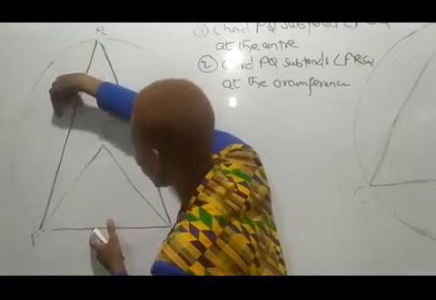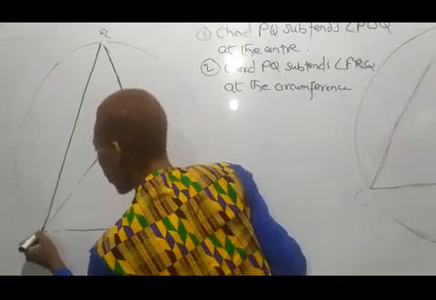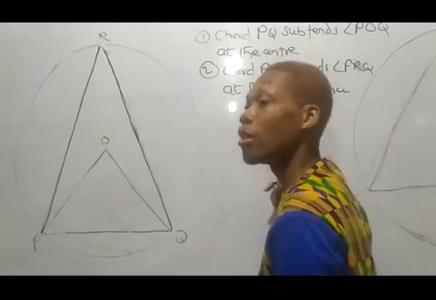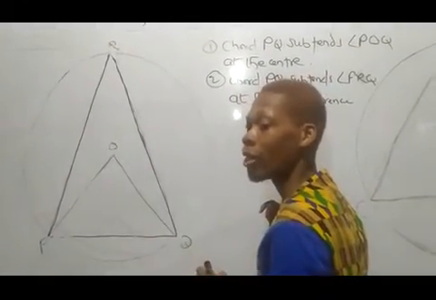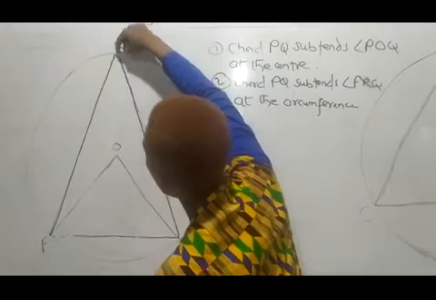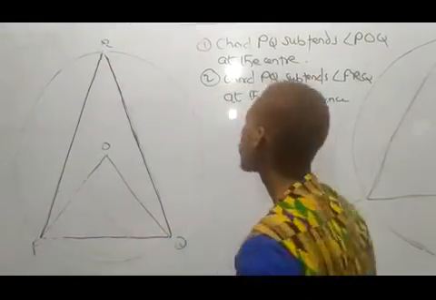So I'll follow the two lines, and you realize that QR is subtending angle P, and it's subtending P at the circumference. P is on the circumference. So QR subtends P at the circumference.